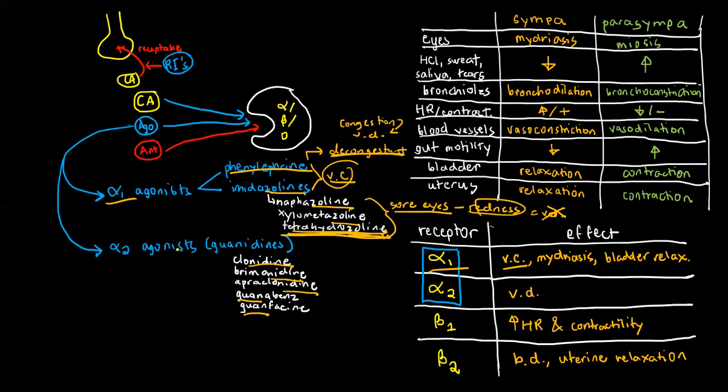Now, for the alpha 2 agonists or the guanidines, we have clonidine, brimonidine, apraclonidine, guanabenz, and guanfacine. Good news, these all can be used in lowering blood pressure. Why? Because if you activate alpha 2 receptors, you will cause vasodilation, and that will reduce blood pressure.